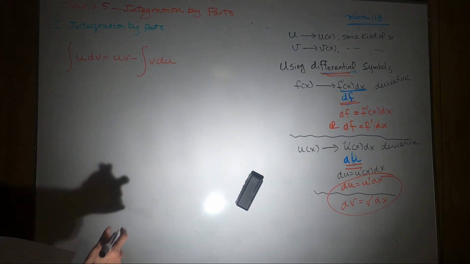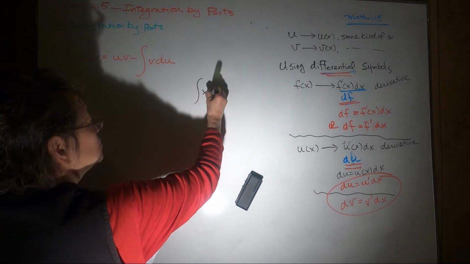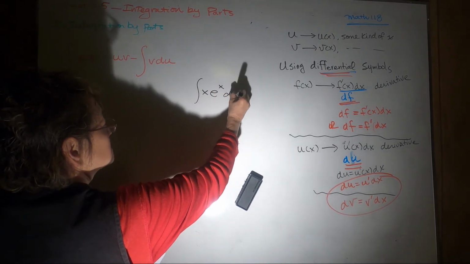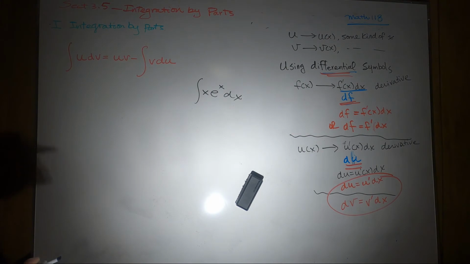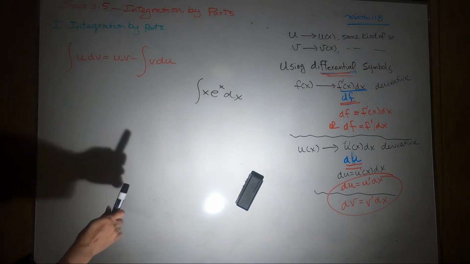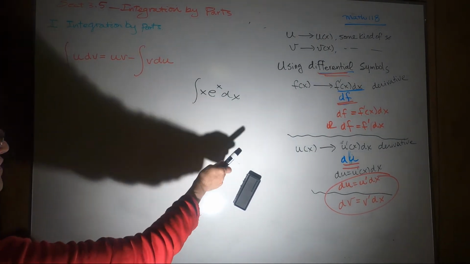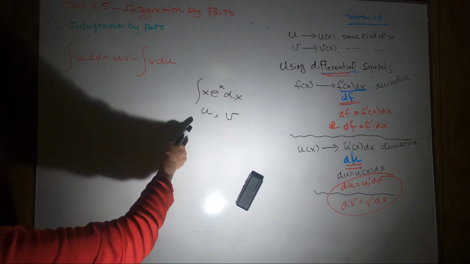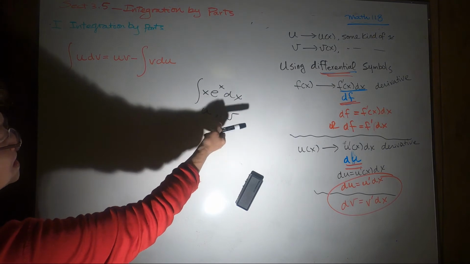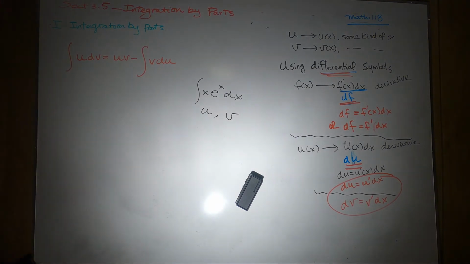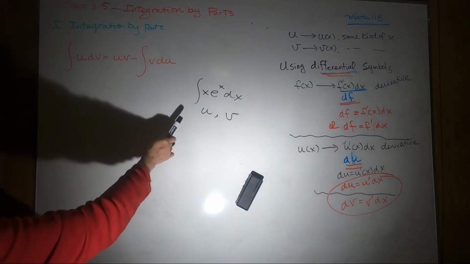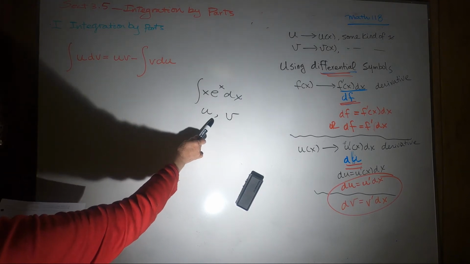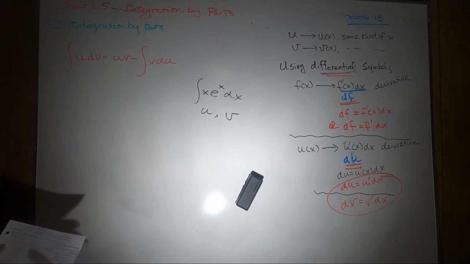If I wanted to do an integral like this, I'm going to split it into two parts. One is u, one is v. U is some function of x, v is some function of x. So how are we going to transform this to this and take a derivative?